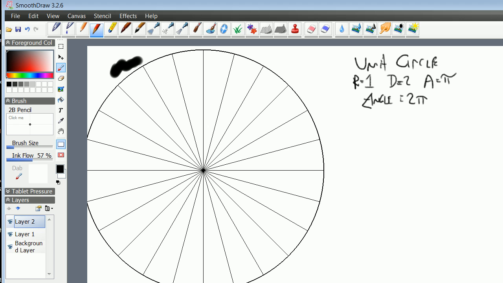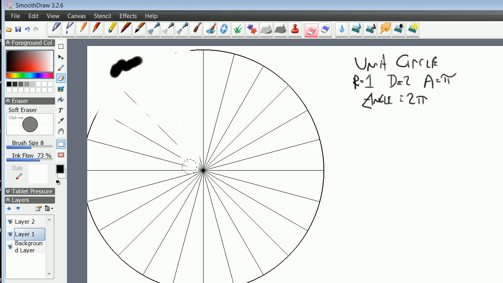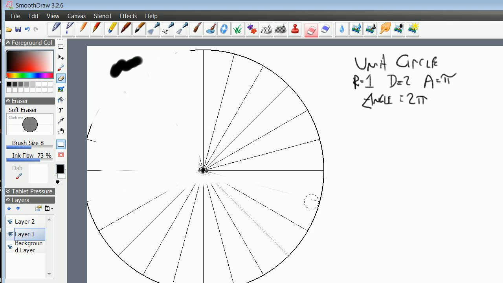Once again, I want to go back to layer 1 now and get my eraser tool, and make the eraser bigger. We're going to be looking at the values basically at 15 degrees, or pi over 12. Remembering that looking up into the sky at night, the sky is turning, actually it's the Earth turning, 15 degrees about, very close to that, or pi over 12, 24 hours in a day, 2 pi radians, so pi over 12.